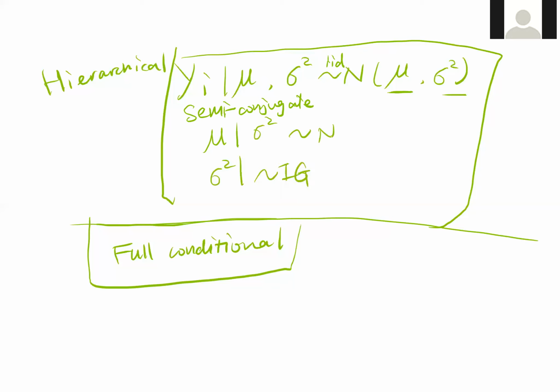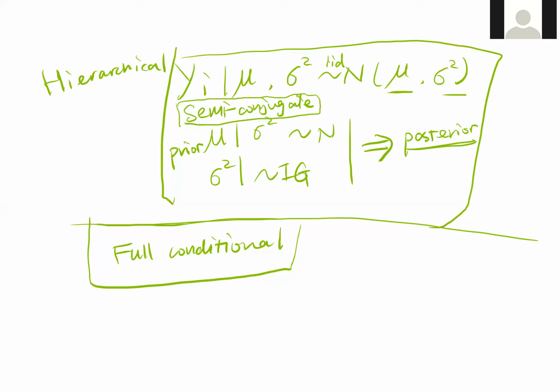So for the semi-conjugate in particular, these are the priors, and once you do all of the calculation, you can get the posterior. If you can get the posterior directly, not just the full conditionals, you can use JAGS, I guess, but you probably don't even need Gibbs. You just need to use Monte Carlo approximation because you know the posterior directly.